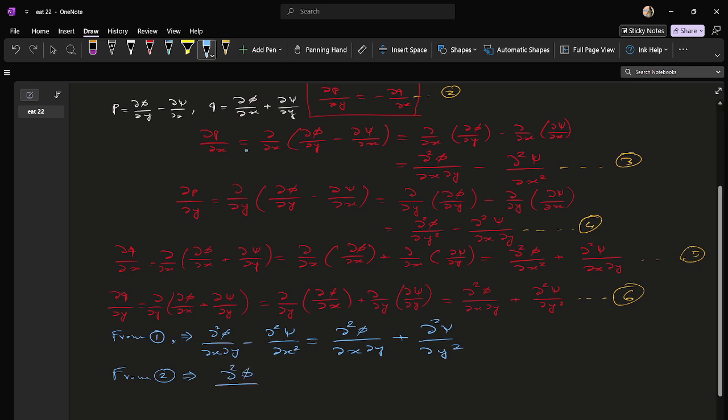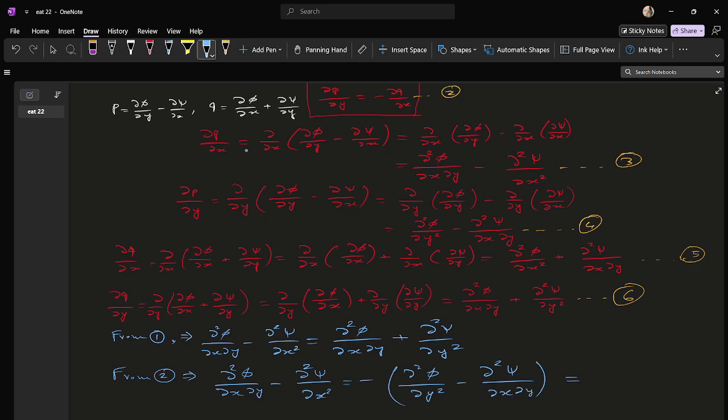So del square phi by del x del y minus del square psi by del x square, which is minus del square phi by del x del y, equals del square phi by del x del y minus del square phi by del y square.